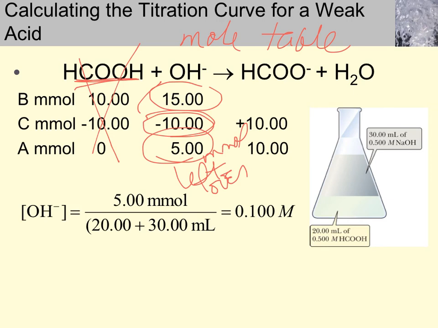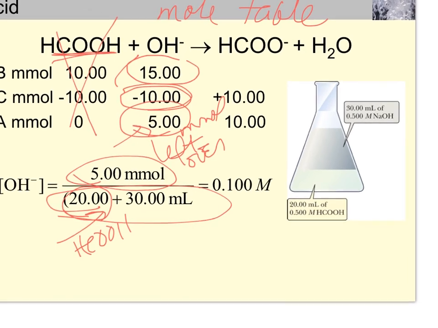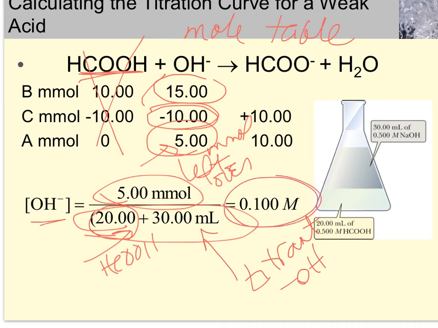So really all we need to do now is figure out the concentration of that excess hydroxide. And we do that by dividing by the total volume. We started with 20 milliliters of the acetic acid solution. And we have added, whoopsie daisy, we have added another 30 milliliters of the titrant, the sodium hydroxide solution. And so the concentration of excess hydroxide we have is 0.1 molar.